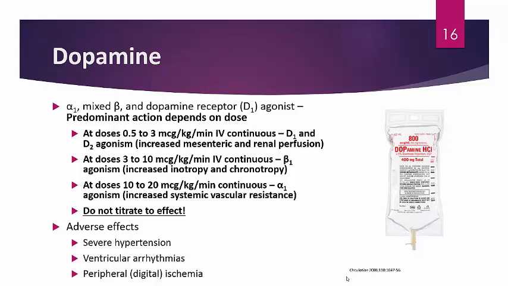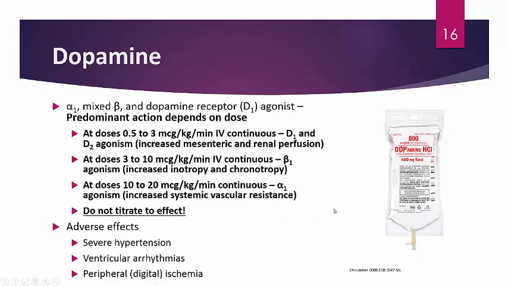At moderate doses of 3 to 10 micrograms per kilo per minute, you actually get beta-1 agonism primarily, which results in increased inotropy and chronotropy, as well as dromotropy, which we discussed earlier with some of the other agents. At doses of 10 to 20, which are high doses of dopamine, you get primarily alpha agonism.